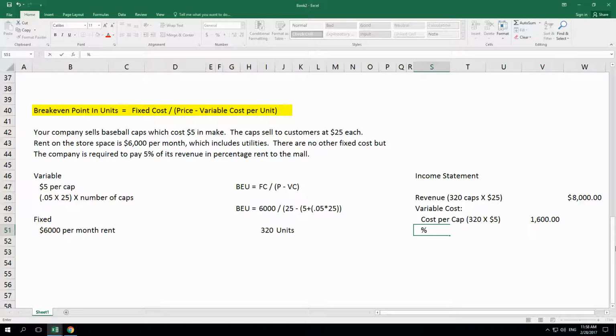Percentage rent is going to be 320 caps times $25 times 5%. So let's see what that is. Equals 320 times 0.05 times 25. That's 400.